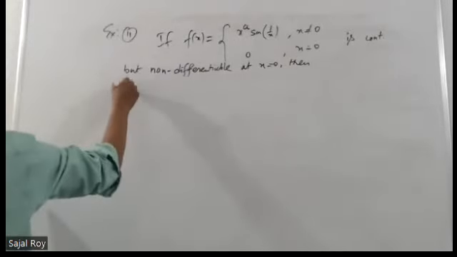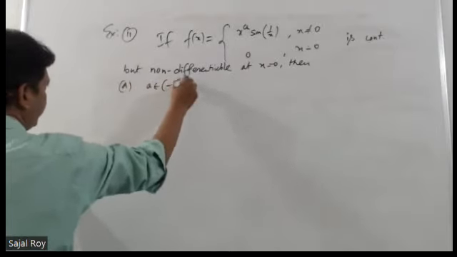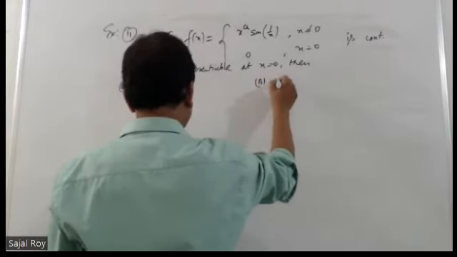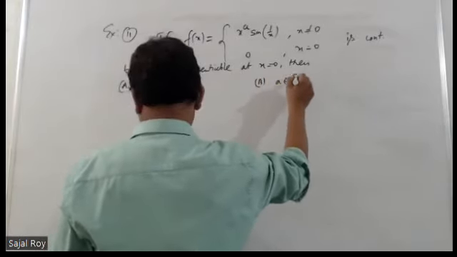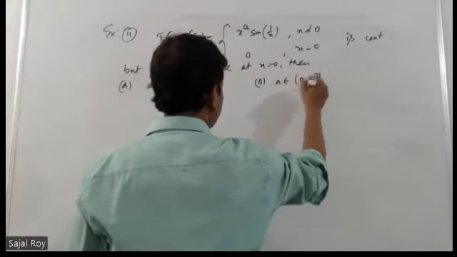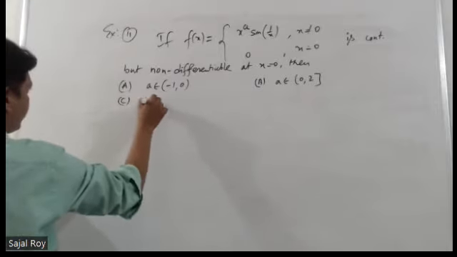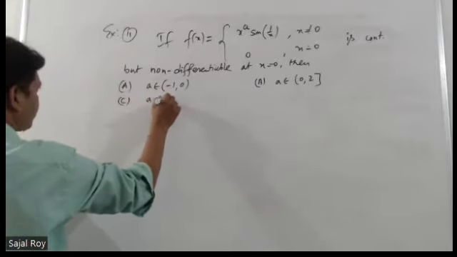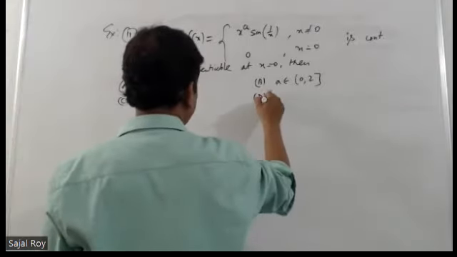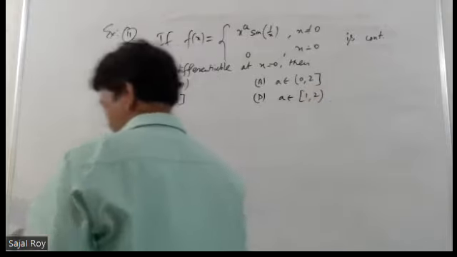Then a belongs to which option? Minus 1 comma 0, sorry, 0 comma 2, D.